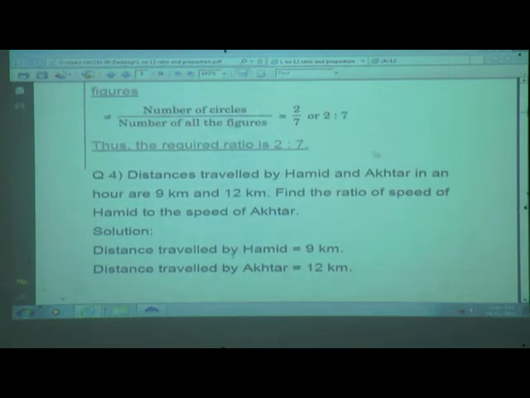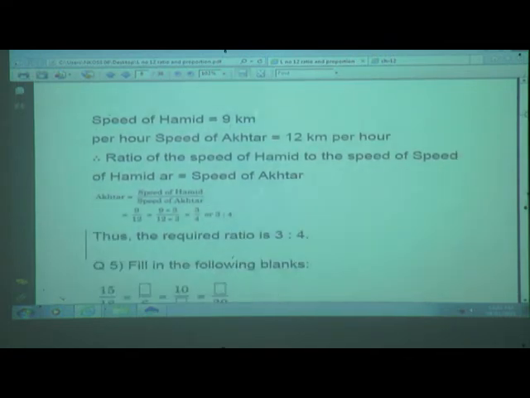Next example. Distance travelled by Hamid and Akhtar in an hour are 9 km and 12 km. Find the ratio of speed of Hamid to the speed of Akhtar. Speed of Hamid is 9 km per hour, speed of Akhtar is 12 km per hour.